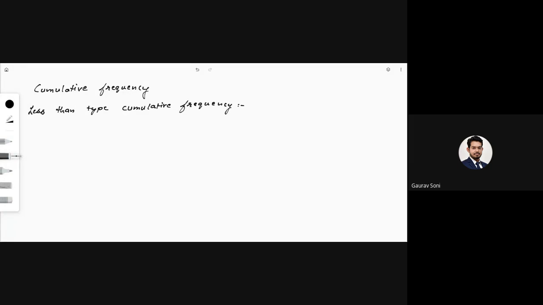So the definition is: it is the number of observations less than or equal to the upper limit of the corresponding class.